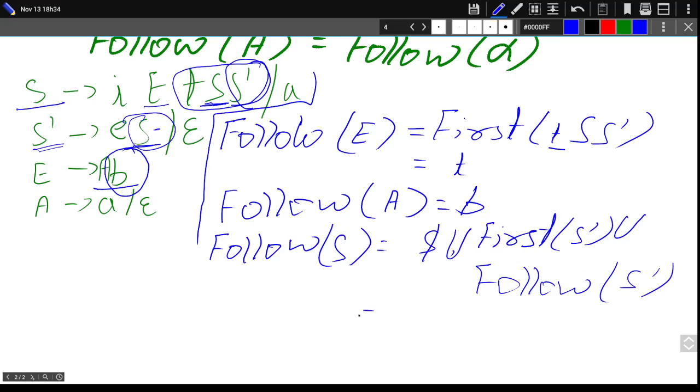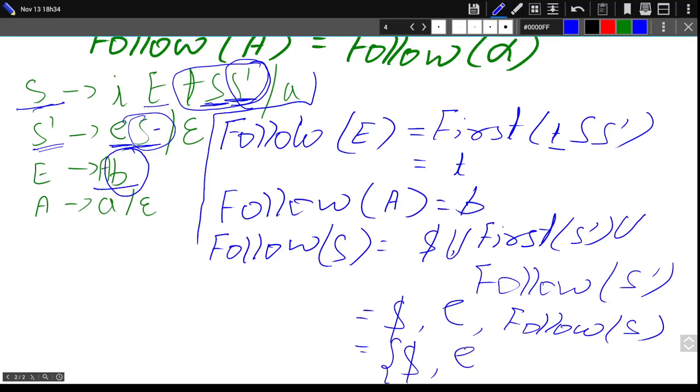So it is dollar, as well as first of S dash, which you can see is E. Follow of S dash: S dash appears here, and since it is the last symbol, it is follow of S. So in this case it will be dollar and E only.